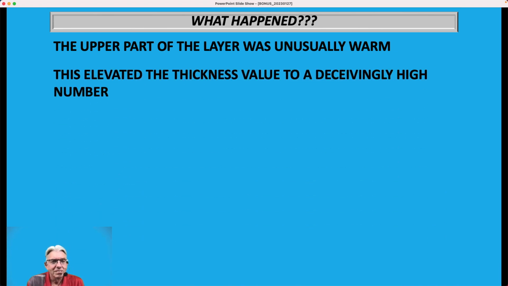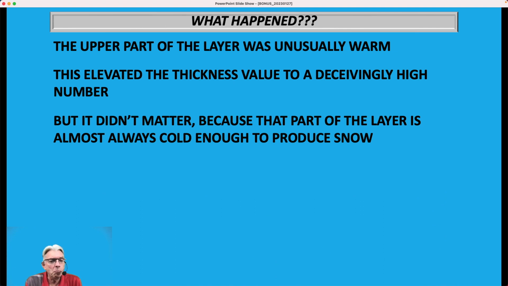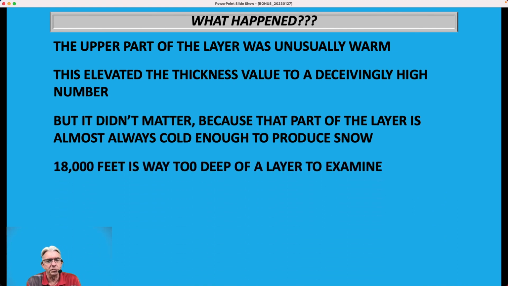But that warmer than normal layer up there elevated the thickness value to a deceivingly high number. And it didn't matter because even though it was unusually warm up there, that part of the atmosphere is almost always cold enough to snow anyways. So it's sort of irrelevant, the fact that it was unusually warm at 18,000 feet.